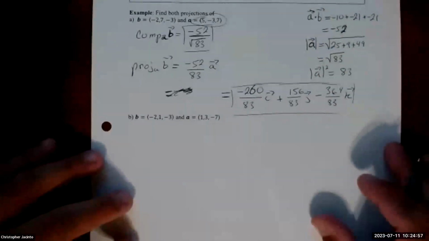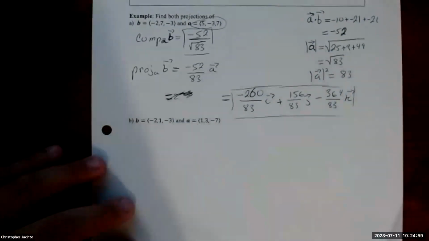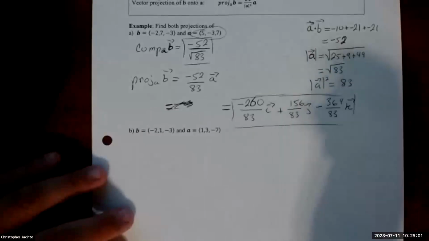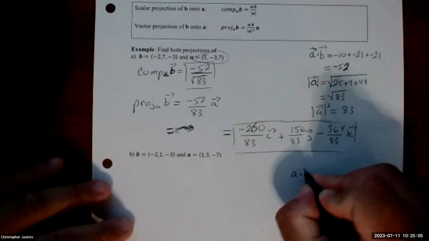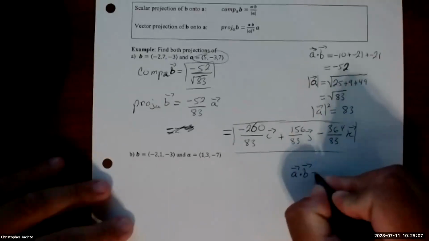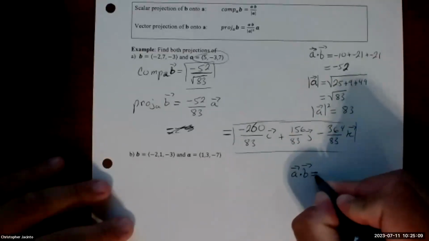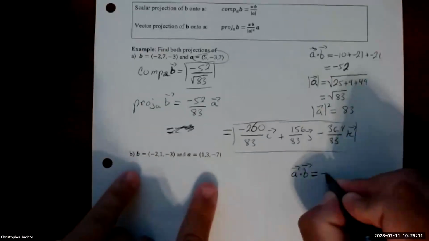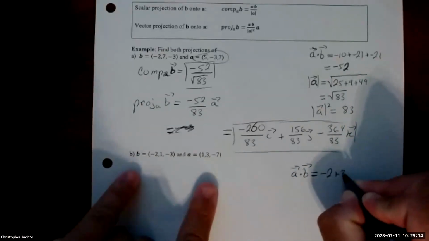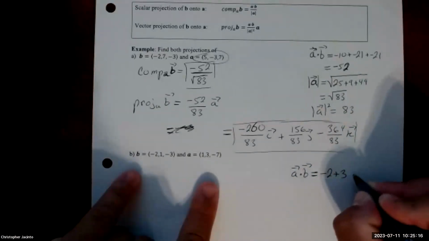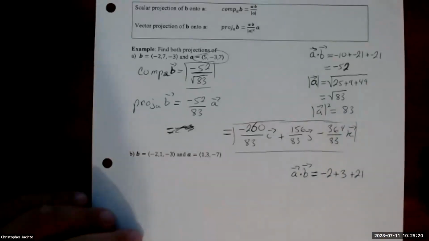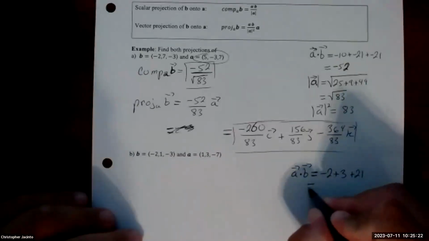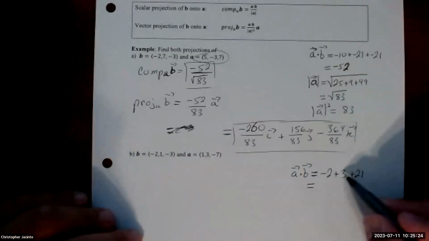So let's do the same thing, the projection of B onto A. Just like we did last time, we need A dot B. So this is going to be -2, 3, and positive 21 this time. So this is 1, so 22.